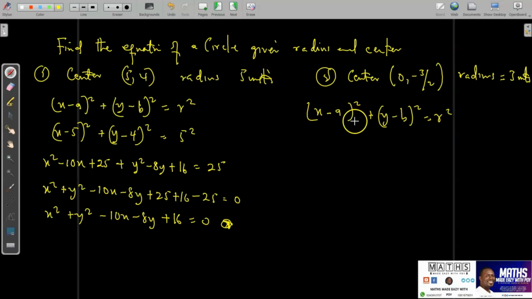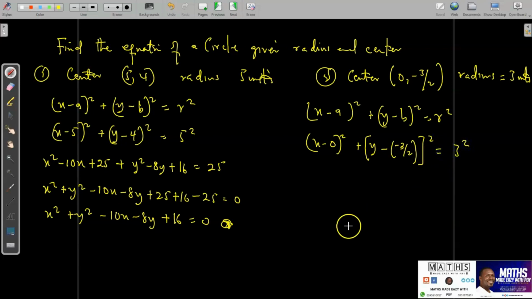The Pythagoras theorem. Connecting the radius, the center of the circle, and one point on the circumference of the circle, we are going to have x minus 0 all squared plus y minus negative 3 halves all squared equal to 3 squared.